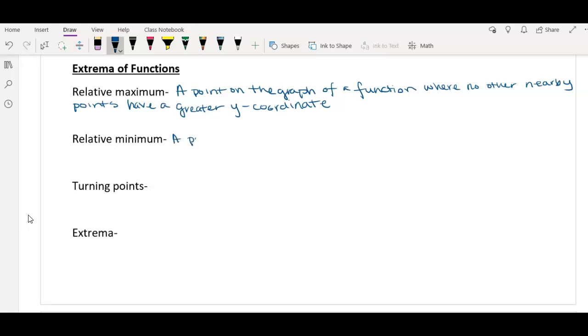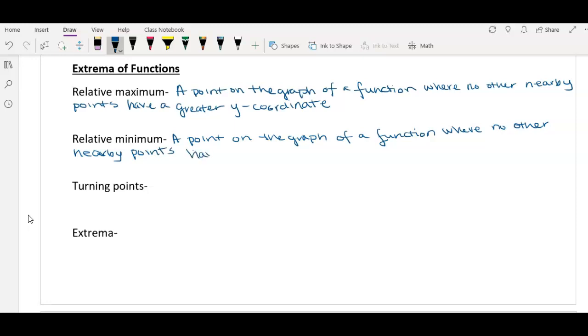And that is a point on the graph of a function where no other nearby points have a lesser y coordinate.